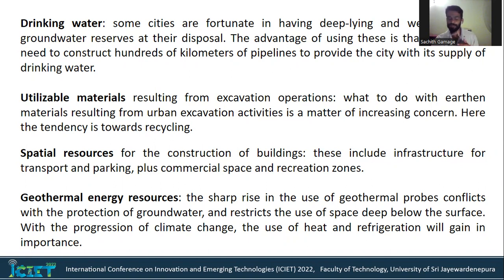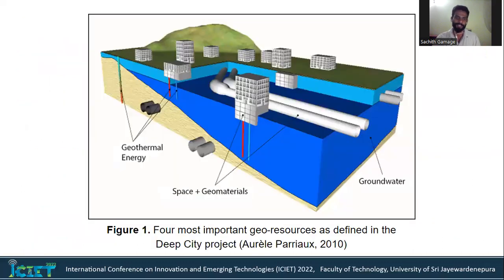For example, if you consider our coastal zone, the wave action and the wind can be used to generate electricity. So different kinds of areas can act as georesources if properly managed and properly utilized.